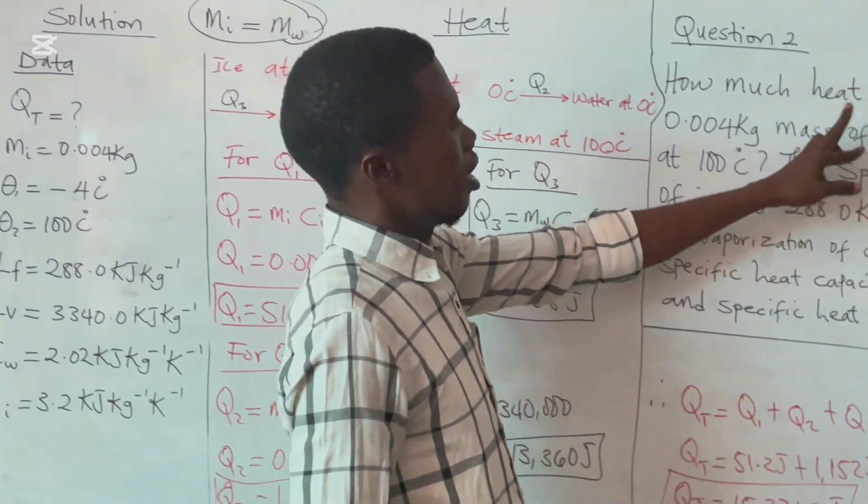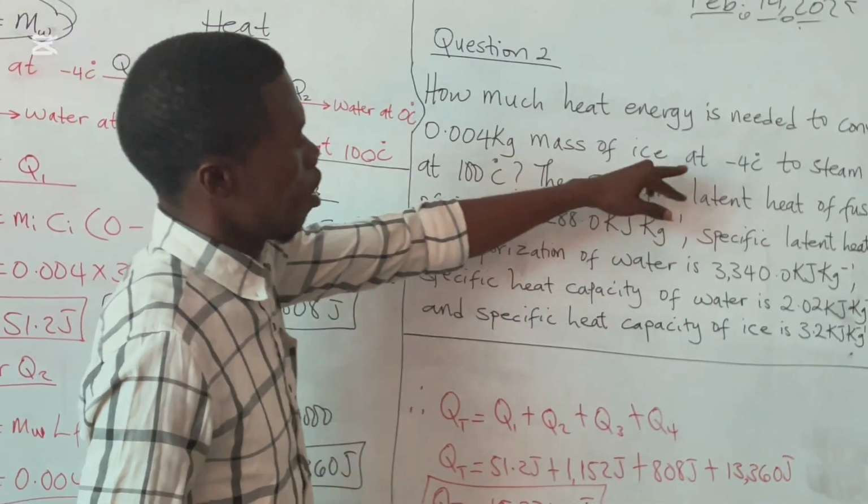Mass of the water is the same, 0.004, times the latent heat of vaporization, which is 3,340 kilojoules, so we have to convert that. If we convert that, we have 3,340,000. If we multiply that by 0.004, our answer is 13,360 joules.